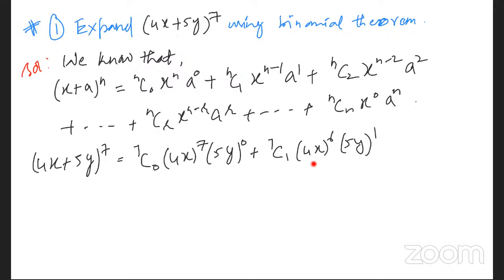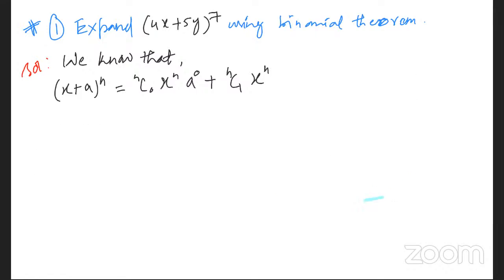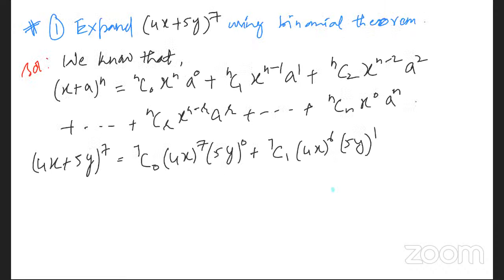The x term will be decreasing and the y term will be increasing. How did you get this one? You got this as (4x)^(n-1), isn't it? 7 minus 1, which is nothing but (4x)^6. You can write directly (4x)^6. And we'll write the next terms.